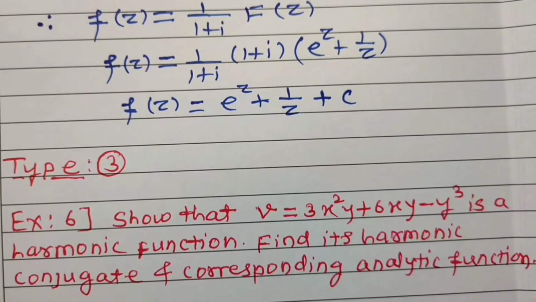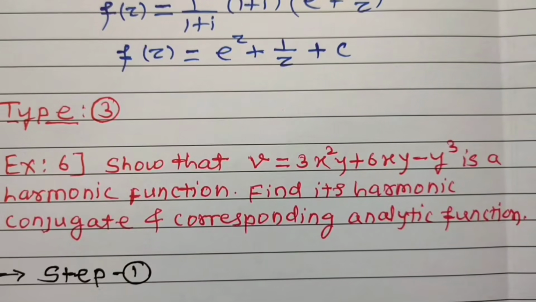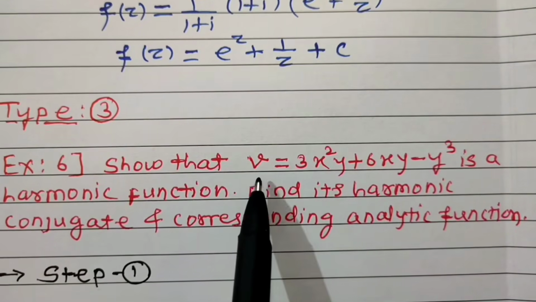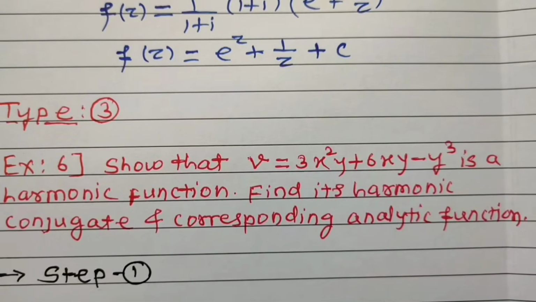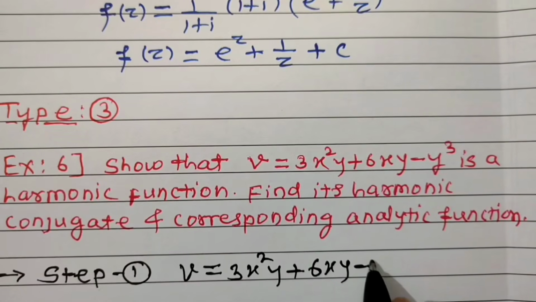So here step number 1 is, first of all, we have to show the given function is harmonic, meaning this function must satisfy Laplace's equation. So v is given, v is equal to 3x square y plus 6xy minus y cube.